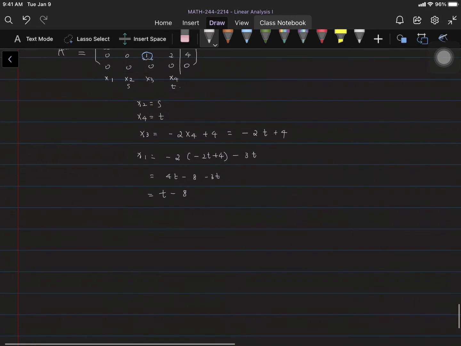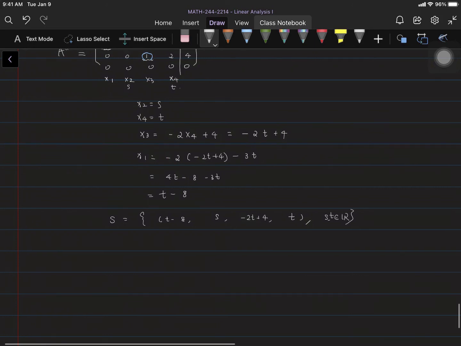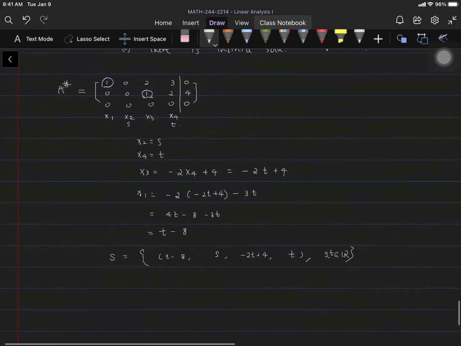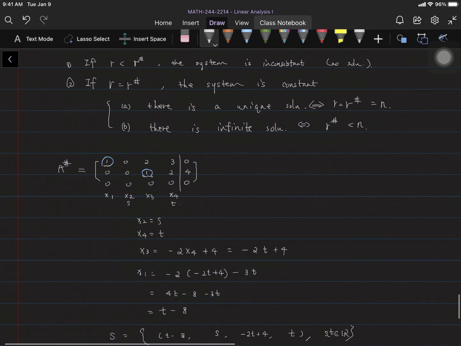If we write down the solution set, it should be like this: x1 is t minus 8, x2 is s, x3 is negative 2t plus 4, and x4 is t. Both s and t are free variables. You know, in chapter 3, we are going to do more about this, how to find the solution for a linear system, and this linear system has infinite solutions. We can stop here for this section.